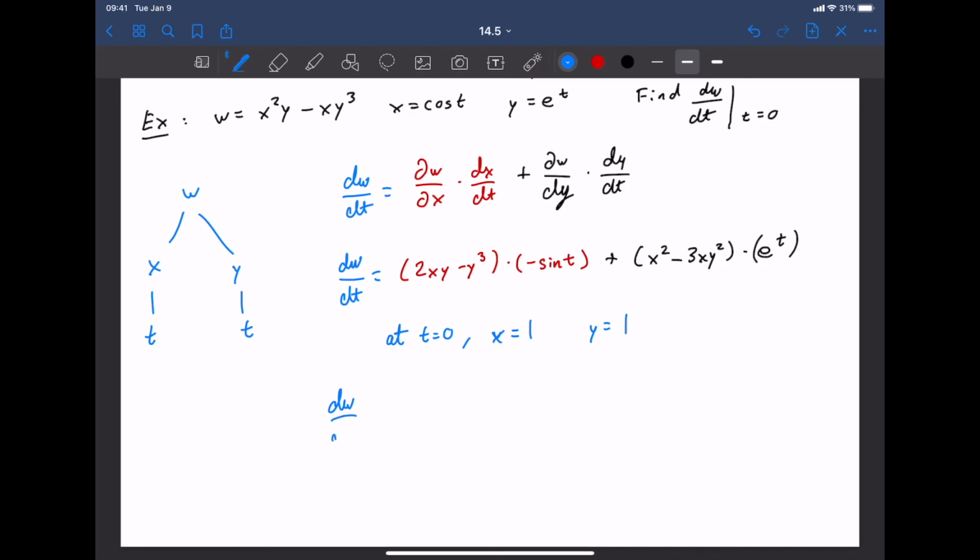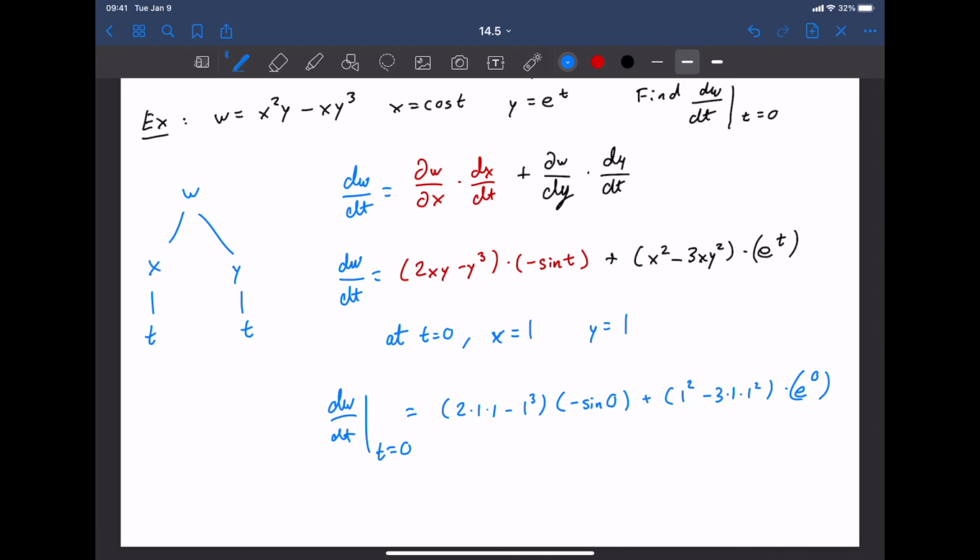So when I evaluate dw dt at t equals 0, you're getting 2 times 1 times 1 minus 1 cubed, times negative sine 0, because we're talking about sine of t, plus 1 squared minus 3 times 1 times 1 squared times e to the 0, because now we're back on t.